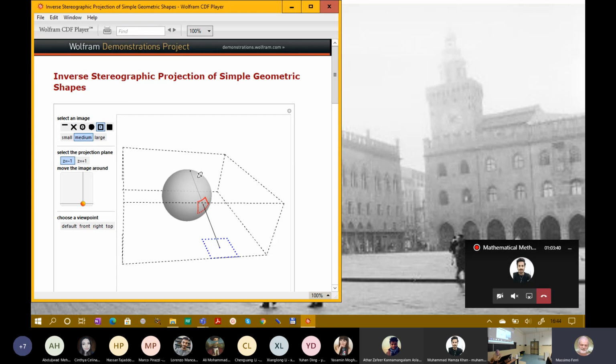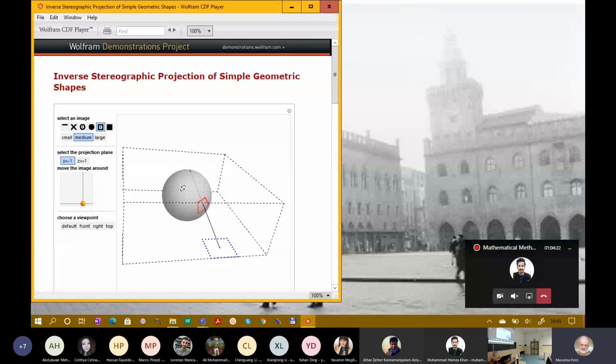If you go to the program page on my website, you find that there is a link to a list of demos, and you just have to download a player, which I cannot do on the main computer here in the classroom because I don't have the rights of the administrator, but I have it on my laptop, and it's completely free, and then you have access to thousands of very interesting programs made by users of a certain commercial application.